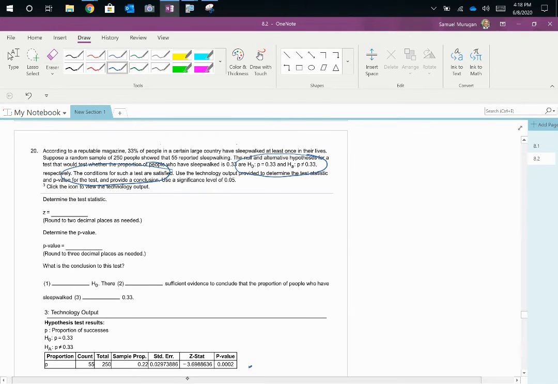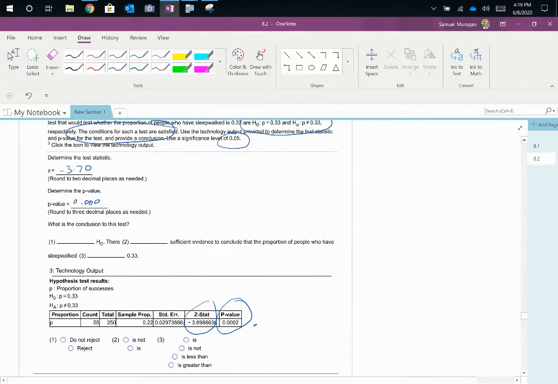So here we can see the z-stat to 2 decimal places is negative 3.70, and the p-value to 3 decimal places is 0.000. Now, given that the significance level is 0.05, they're asking first if we should reject or not reject.